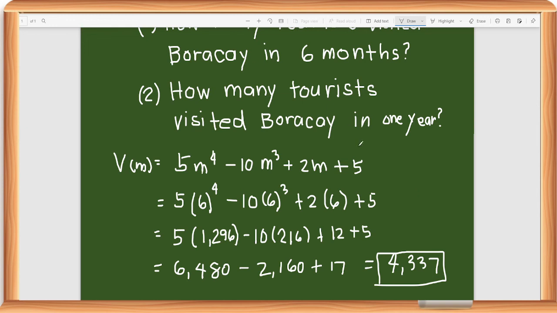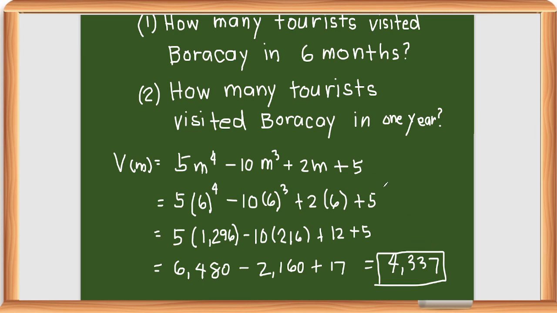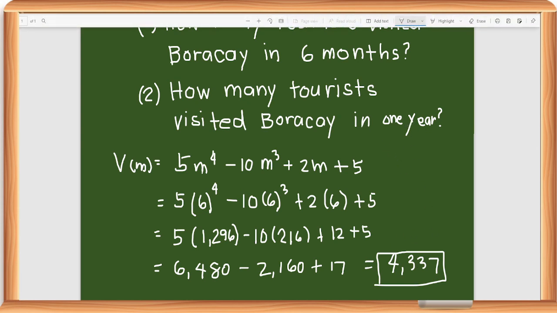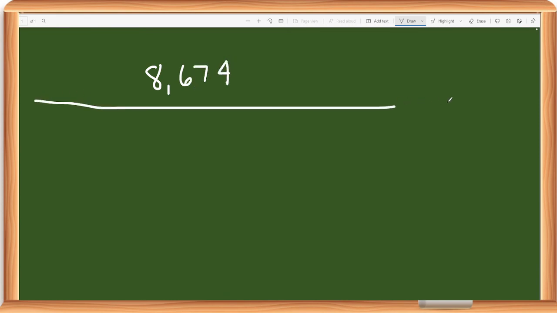Let's see, if we multiply this by 2, 4,337 times 2 is 8,674. Ma'am, because 6 months to 1 year, right? Two 6 months, so times 2. That would be their reason. So when you multiply that by 2, that is 8,674. Now, look at what happens when you use the formula.